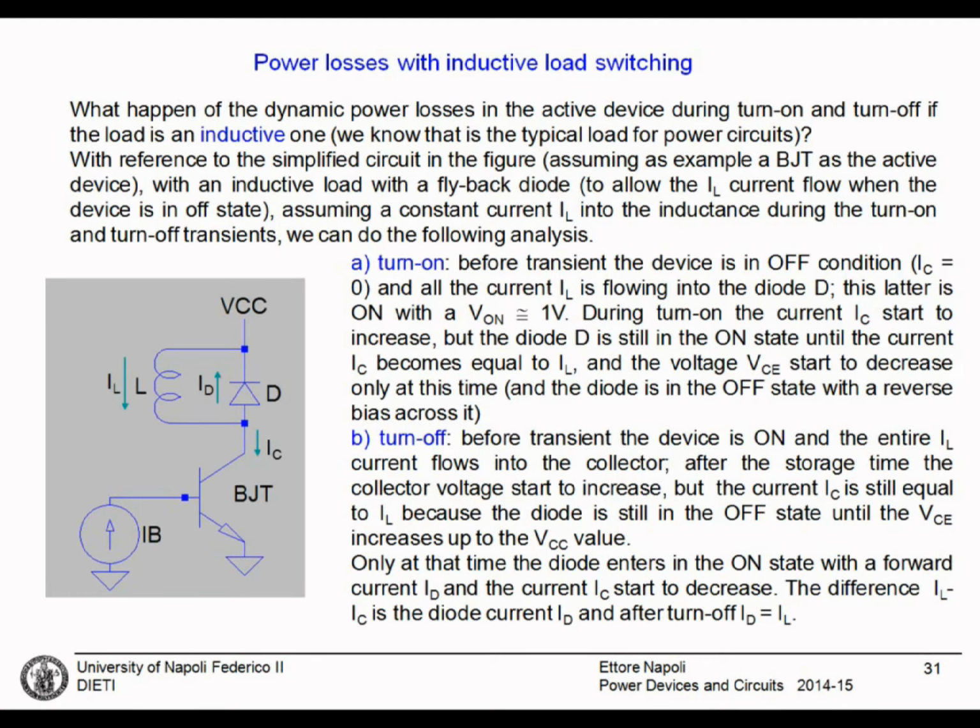We can plot current and voltage for the device as a function of time. At the beginning of the transient, since we are turning on, the device is off. The voltage is the supply voltage. This is the voltage on the device. And the current is 0.